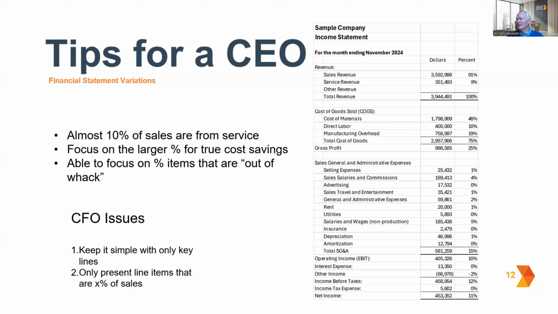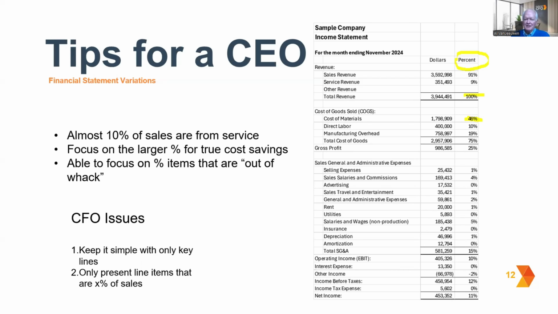Let's look at this statement. This statement is a vertical statement, and all of the percents are based upon the total revenue. So if you look at this statement, you can clearly see that 46% of your revenue goes to materials.